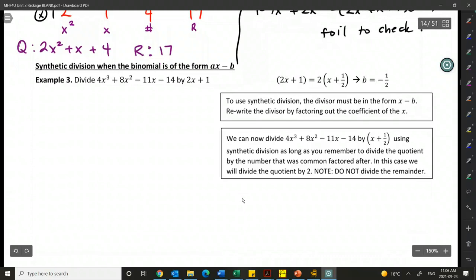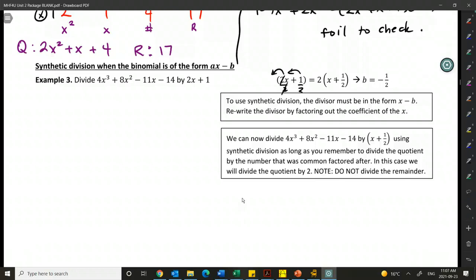Okay, so one thing that we do is we get the binomial into this form where we have x plus something. The way that I'm doing that here is I'm taking out the 2 from each term. When I divide out this 2 from each term, I put it out front, and I have now x plus a half. That means that my b value will be negative half.